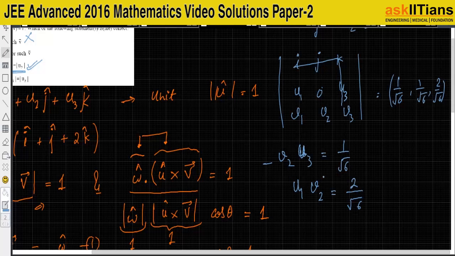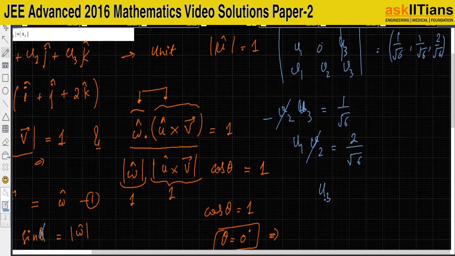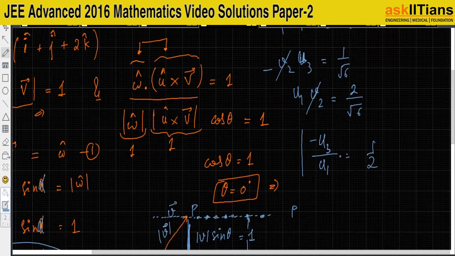Now if I divide these two, what will get cancelled? Here this is v2, right? Minus v2 into u3, yes, so v2 will get cancelled. If I divide these two, I'll get minus u3 divided by u1 equal to 1 by 2. If I apply mod on both sides, I'll get 2 times mod u3 equal to mod of u1.